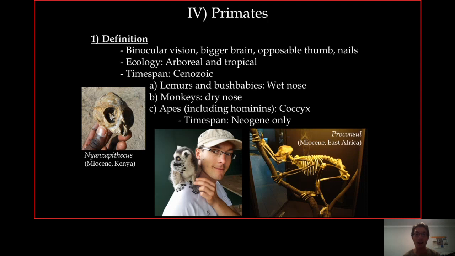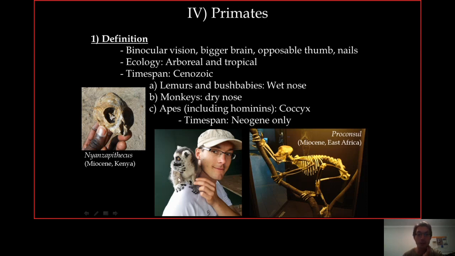All primates are arboreal and they more or less live close to the tropics. There are a few exceptions, and humans, for example, are an exception, but most of the 300 species of primates live in tropical areas. And so the primates began evolving in the Cenozoic, and you can divide them into three groups.